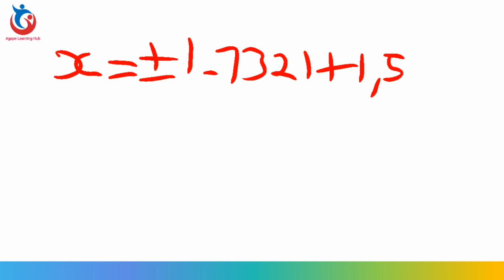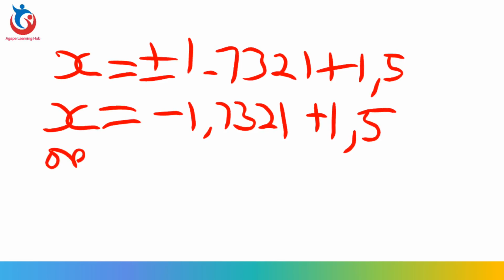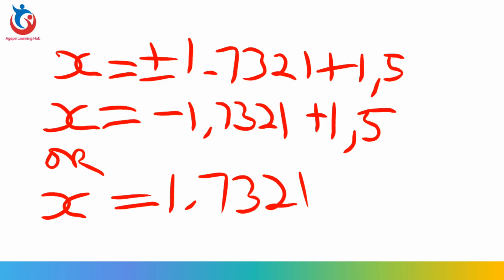So we want to find when x equals, so x is equal to negative 1.7321 plus 1.5, or x equals 1.7321 plus 1.5.